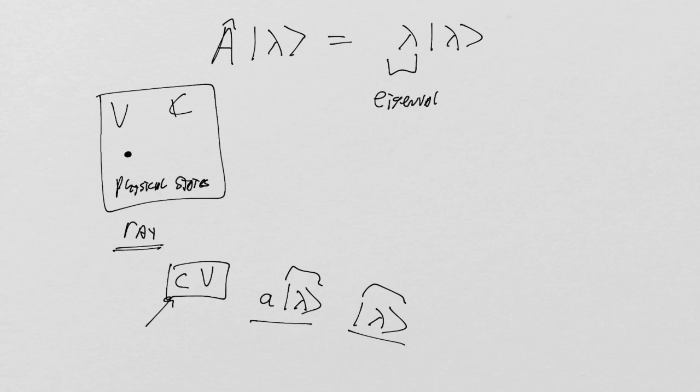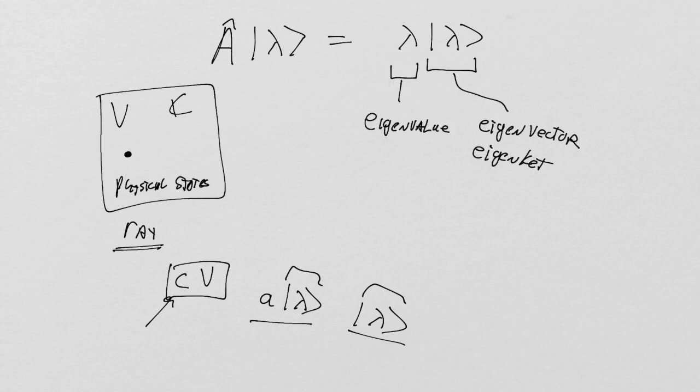This is all a review, I hope. The lambda is the eigenvalue, and this is the associated eigenvector or eigenket. It's given the name of the eigenvalue, and somehow we know that this ket is an eigenvector of this particular operator A. You could throw in a letter A here as some sort of indicator, but that's not typically done.